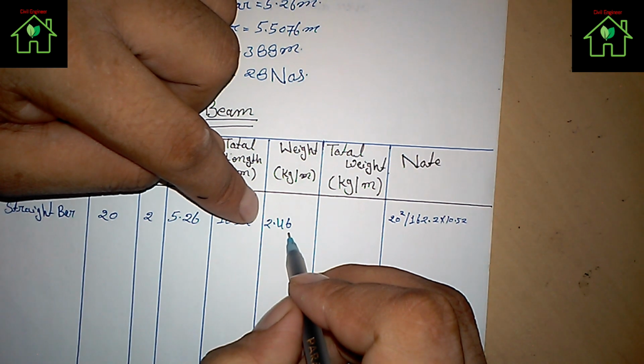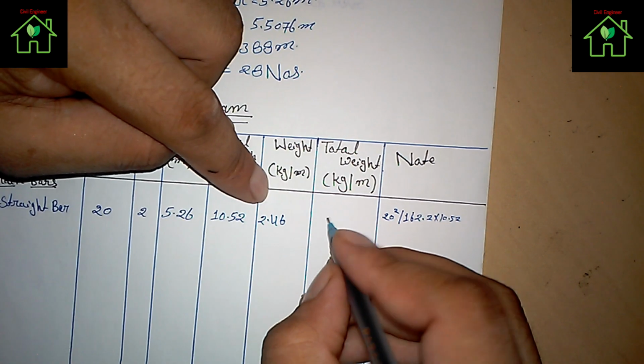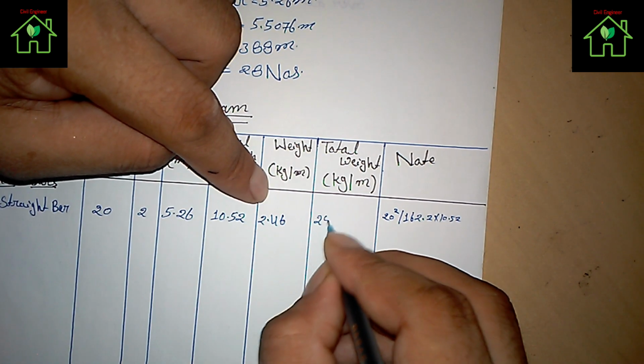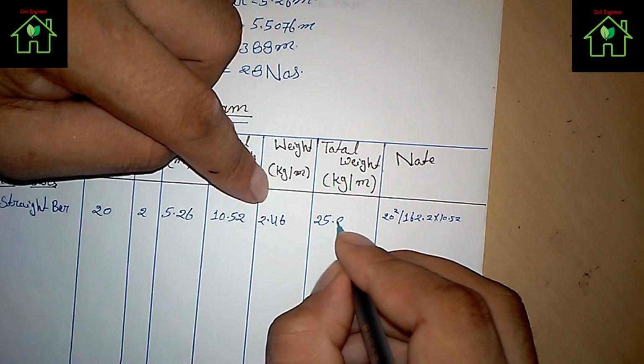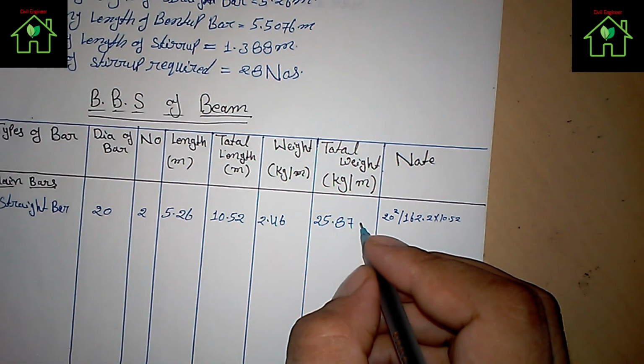The total weight of the straight bar is 25.87 kilogram.